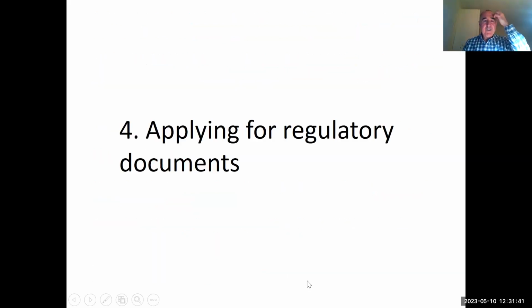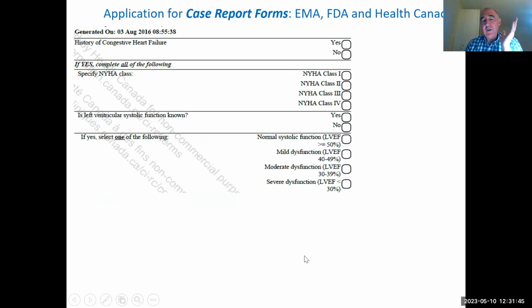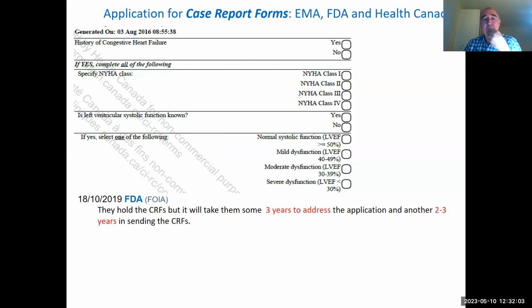So then we decided to apply for regulatory documents. And as I was saying at the beginning of the session, the case report forms are the primary source of information in any clinical trial. So we decided to go for that and see if regulators were willing to give us this information.